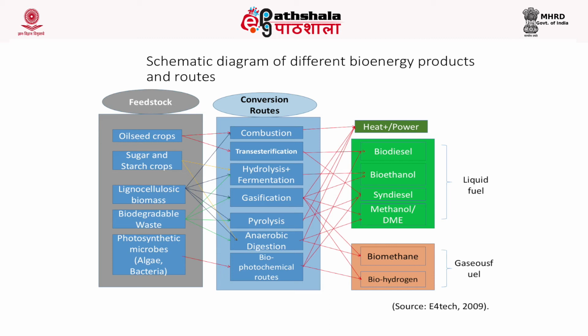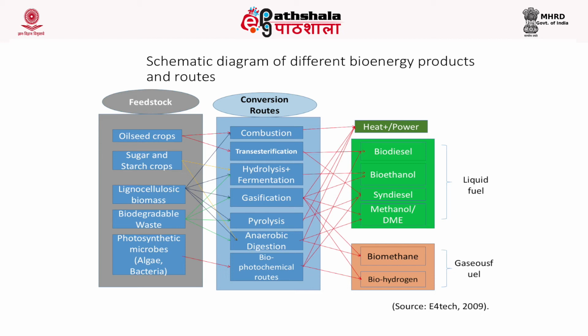Even the biodegradable waste can be used for fermentation, gasification, pyrolysis and anaerobic digestion. And the photosynthetic microbes, that is algae, algal biomass and bacterial biomass, are used as an energy source and converted by means of biochemical conversion routes like photolysis, that is direct or indirect photolysis, and fermentation like dark fermentation or photofermentation to produce biohydrogen.